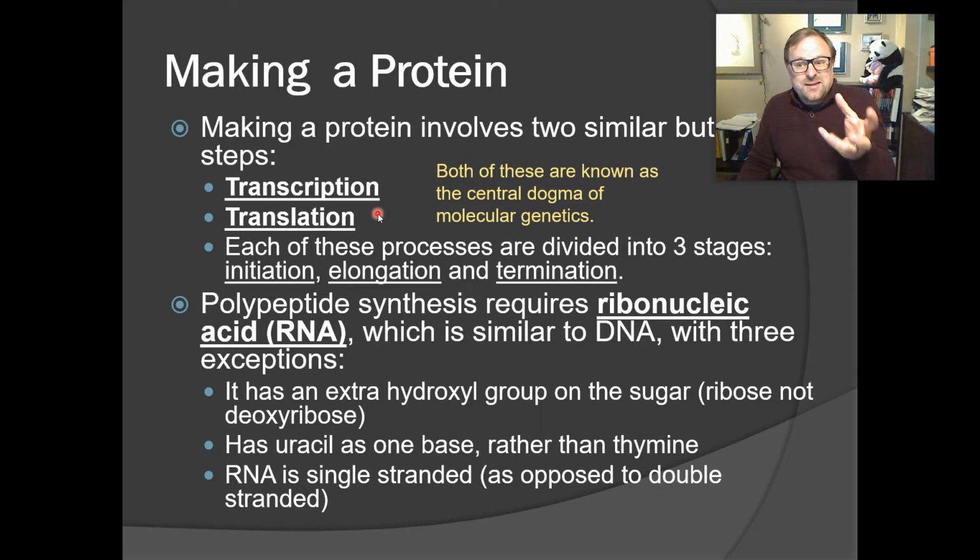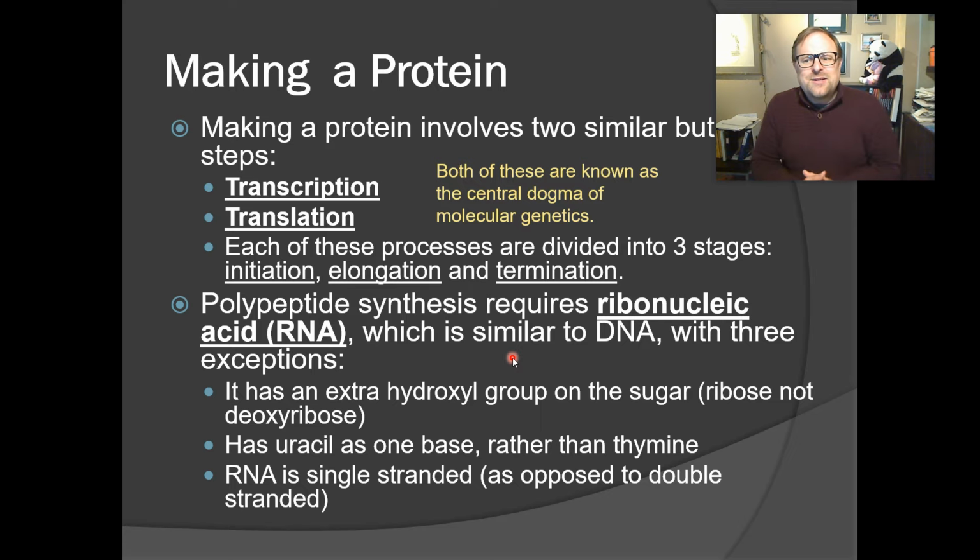Okay, that's basically transcription and translation. Transcription, remember, takes place inside the nucleus. Translation takes place inside the cytoplasm, and we'll go over that again in a second. Each stage, transcription and translation, involves initiation, elongation, and termination. And we're going to talk about what those are in a second.